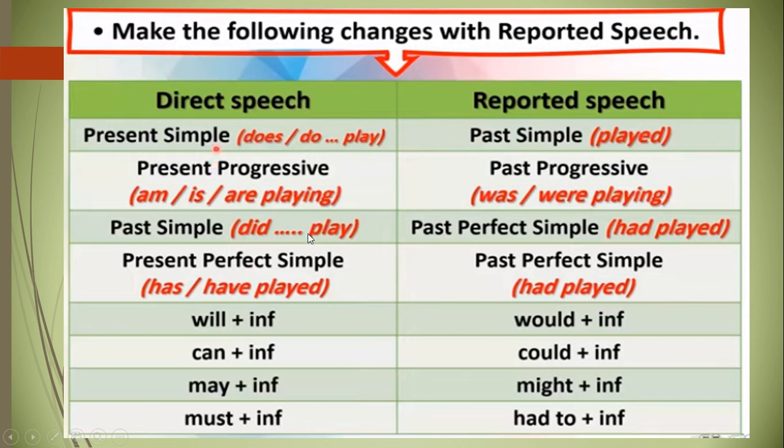Past simple did play changes to past perfect had played. Did swim, for example, becomes had swum. Present perfect simple like have or has played changes to past perfect like had played. Will to would, can to could, may to might, must to had to. One step back, remember? One step back.